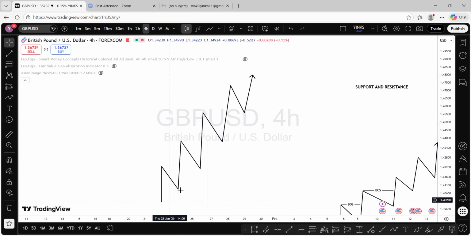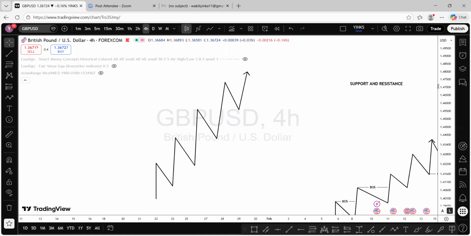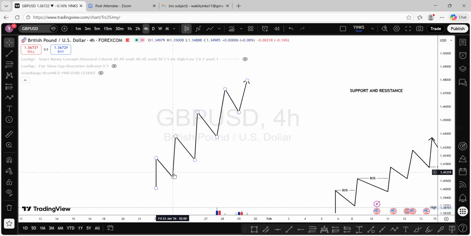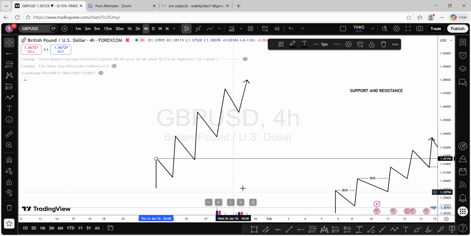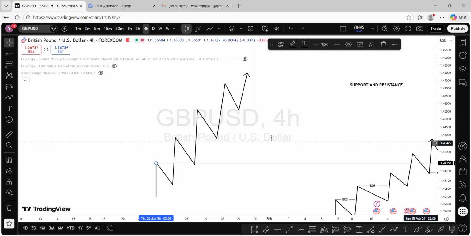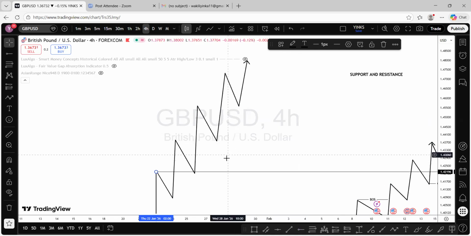So now you can see the support level being created in the market and the resistance level also being created in the market. Now, how does this help me? It is simple. When price creates this resistance level, it automatically creates an opportunity for you in the future, or the current.